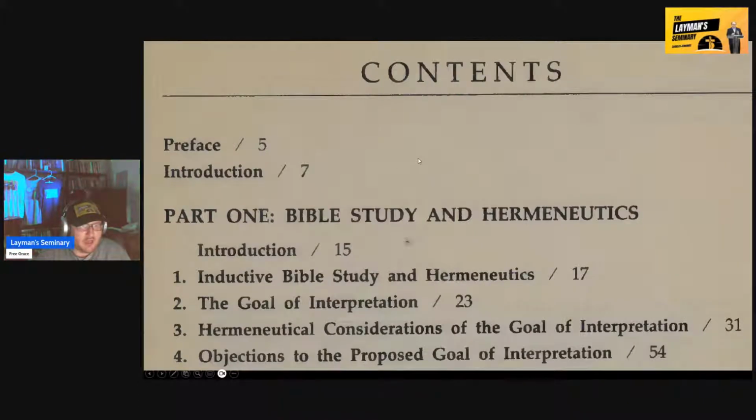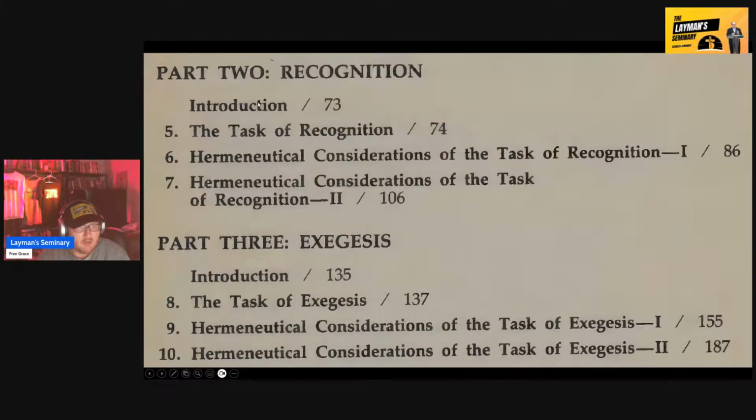So we've gone through the contents of part 1, Bible study hermeneutics, what it is, the goal, hermeneutical considerations for that goal, and the objections. We've gone into the recognition, which is like souped up observation, the task of recognition, hermeneutical considerations for that, and we're in the exegesis section now, okay?